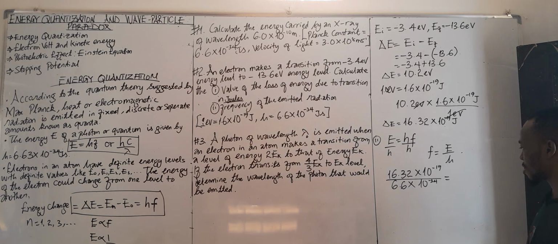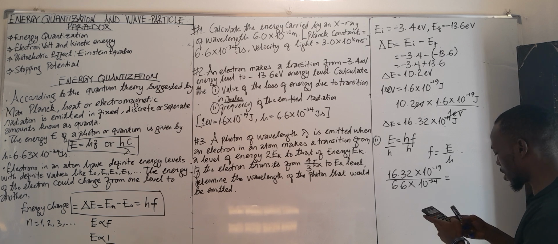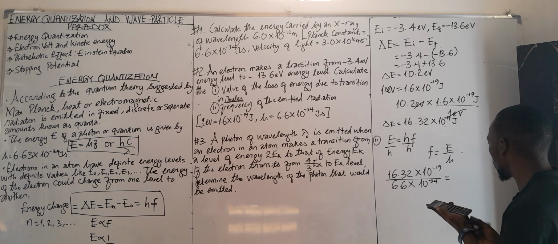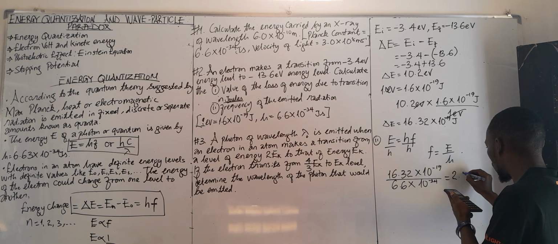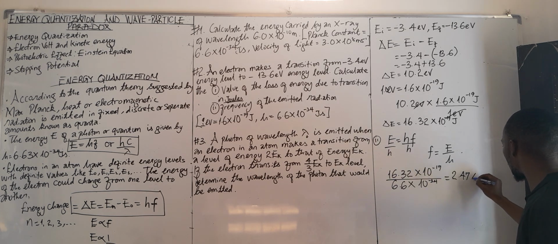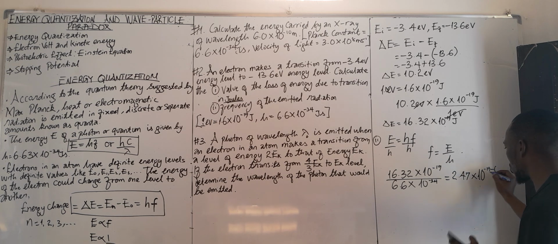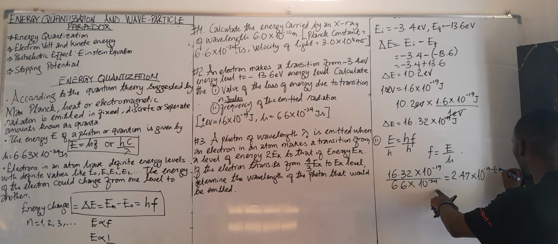This is very simple. All I just need to do is write 16.32 divided by 6.6, which is giving me 2.47. Now don't forget this, times 10 to the power minus 19. Division means subtraction over minus 34.